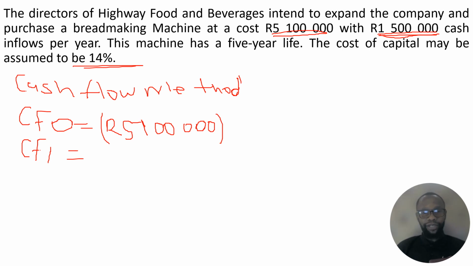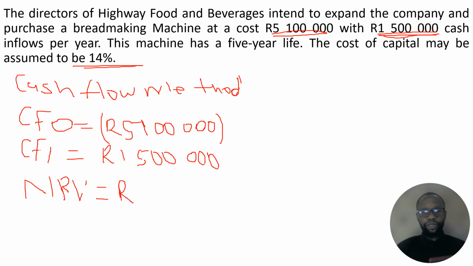The net present value, you will write it there, is equal to 49,622. We are going to round off to the nearest rand. We are done for this question.